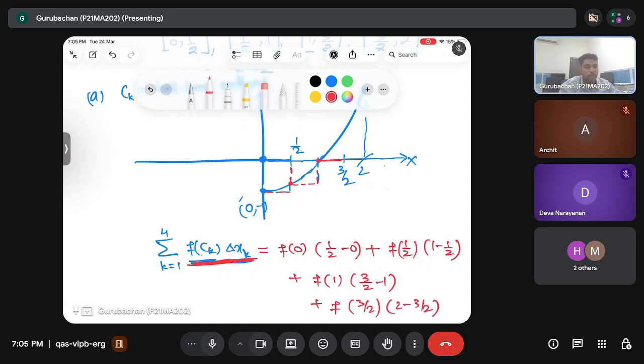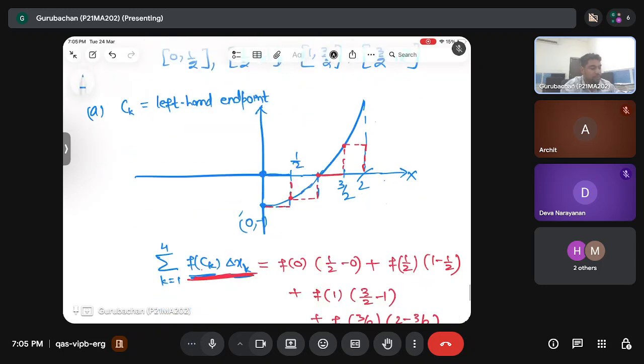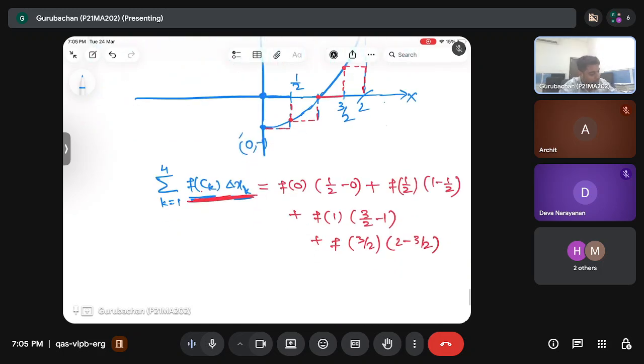Is it clear? So from here the rectangle is this. When we talk about 3 by 2 to 2, this is the corresponding point, then this will be your rectangle. For the left endpoint, this is your rectangular graph. You can calculate its area with the help of rectangles.